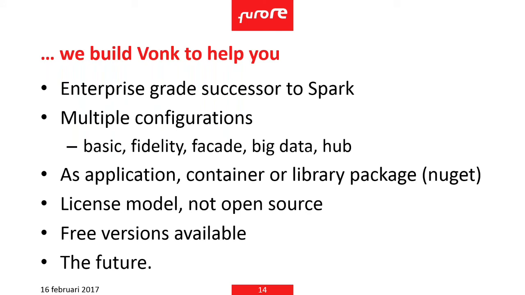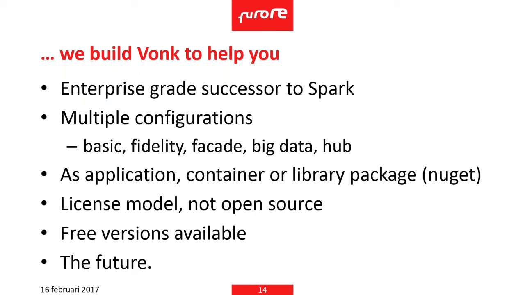It's an enterprise-grade successor to Spark. We noted that Spark was used more and more for production scenarios. It was not designed for that, although it does work. But Vonk is designed to do just that.